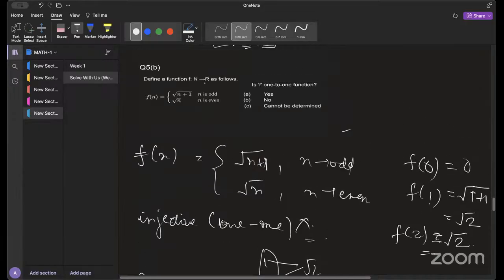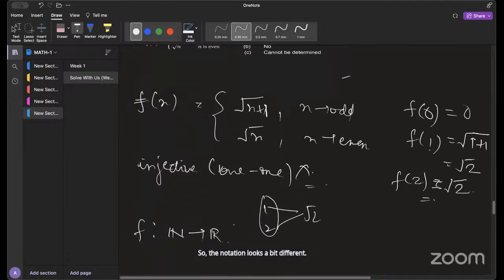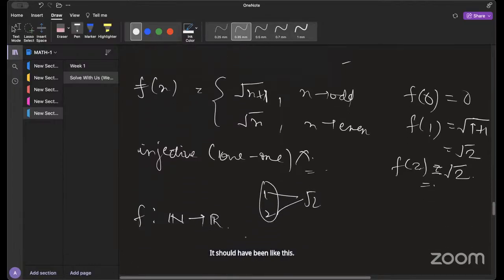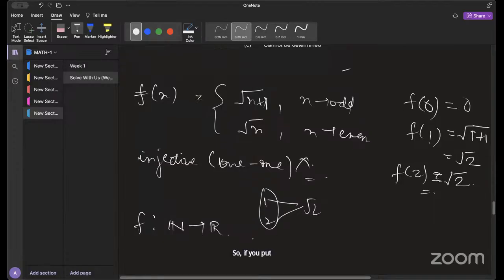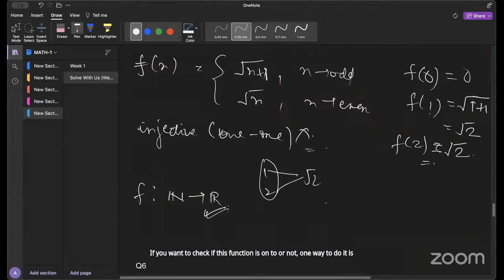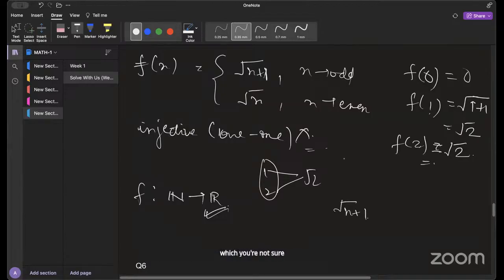The notation looks a bit different; it should have been like this. If you want to check if this function is onto or not, one way to do it, there are other ways too, is to take the function, which depends on the number itself.